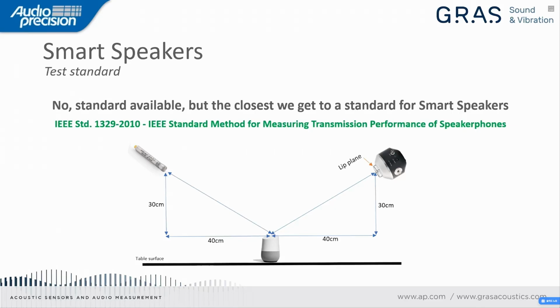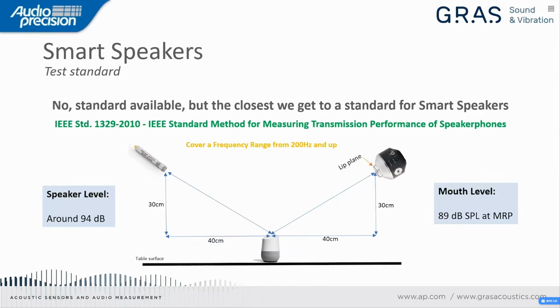In this way, we are actually able to test the performance for our smart speaker. If we do this setup, then we will cover a frequency range from about 200 hertz up to 20 kilohertz. Normally, when we do this test, we will have a level from the speaker itself around 94 dB.